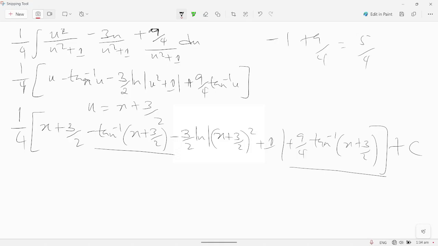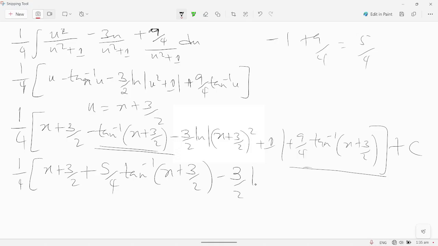So collect the like terms, and you're going to remain with 1 over 4 of x plus 3 over 2, plus 5 over 4 tan inverse of x plus 3 over 2, minus 3 over 2 natural log of x plus 3 over 2 squared plus 1, plus c.